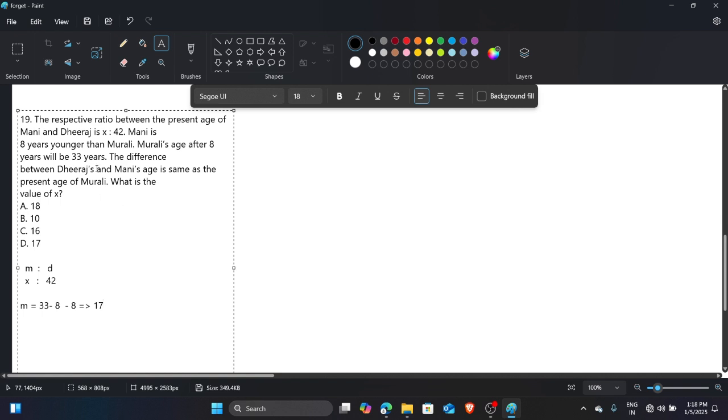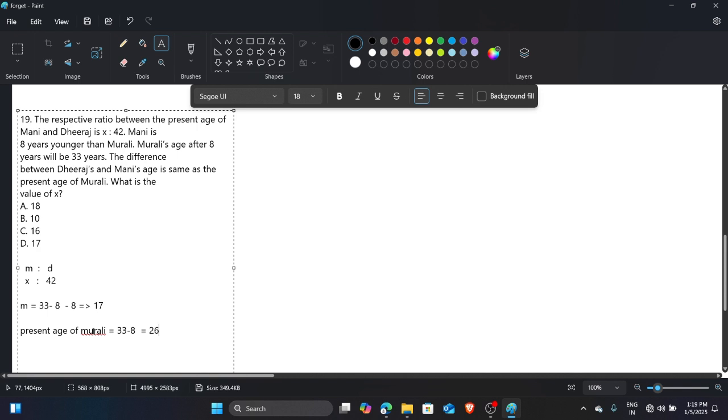This is the answer. Now, the difference between Dheeraj and Mani is the same as the present age of Murli. Okay, so what is Murli's present age? Murli is 33 minus 8, which is 25.